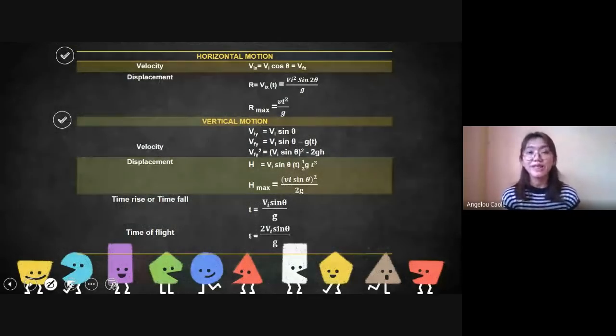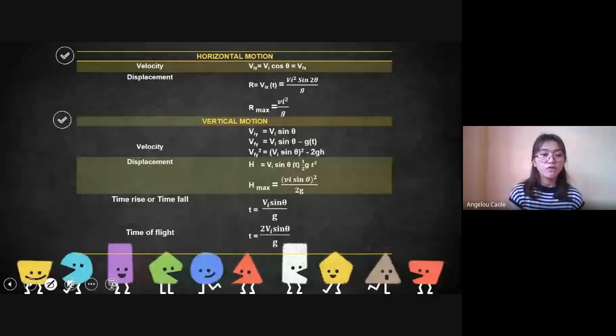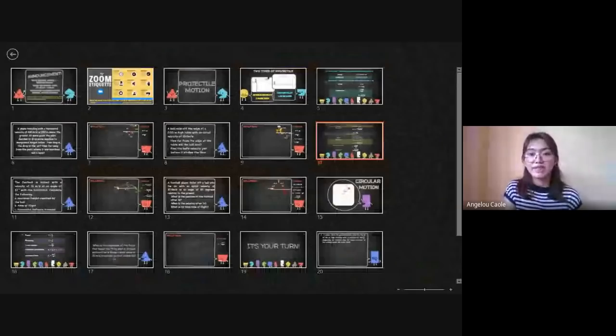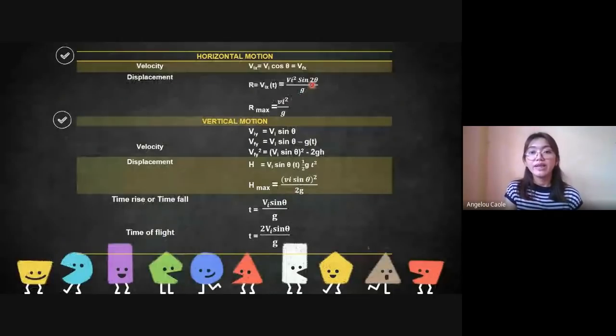For the displacement, we have R is equal to V_ix times time, or you can also use this formula when the angle is given. So for the maximum displacement, we have V_i squared over g.